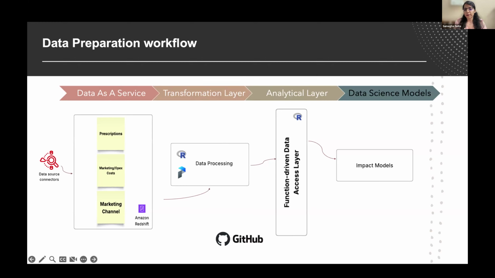So these types of data are integrated. Here at Lilly, we are using Amazon Redshift for that, which serves as the data as a service.